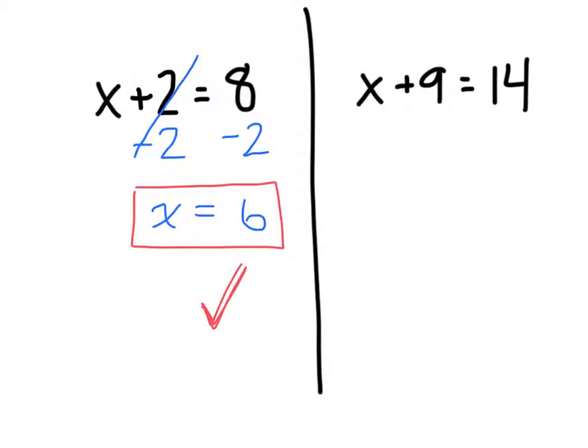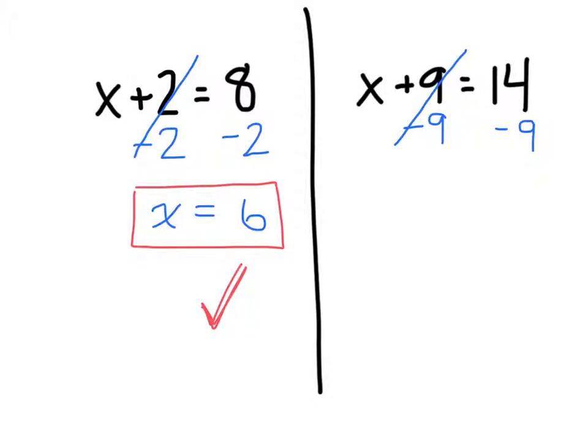Alright, so we have x plus 9 is equal to 14. Remember, the opposite of addition is subtraction. So all we have to do is subtract 9 from both sides. If we have a plus 9 and a minus 9, these cancel out, which leaves x on the left side.